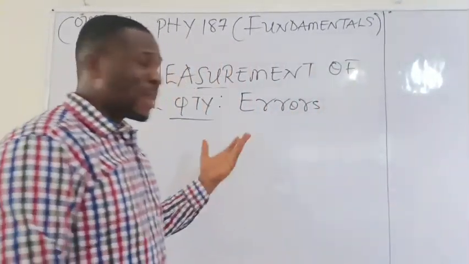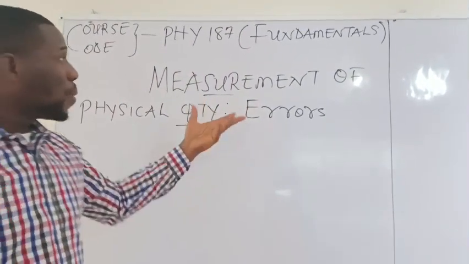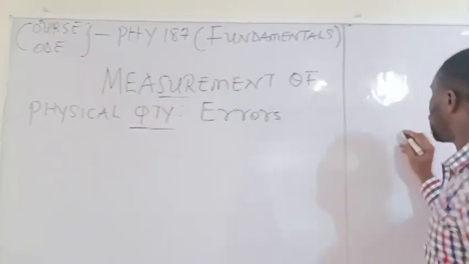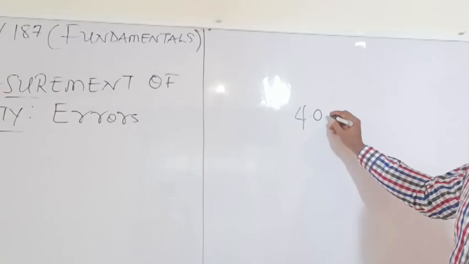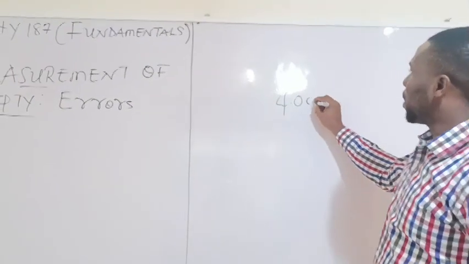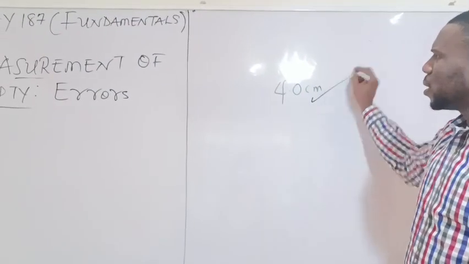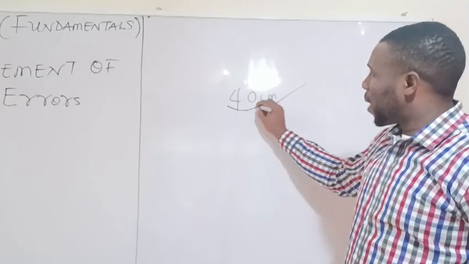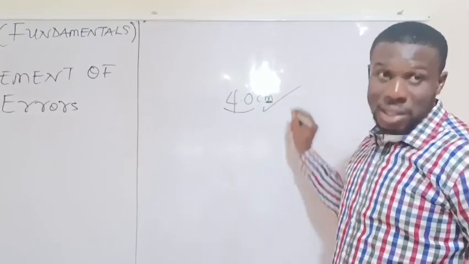All right, now what is measurement? It is simply assigning unit values to physical quantities. Let's take for instance, if I told you that I measured the length of a book and I found out it was 4 centimeters. Of course, this is reasonable. I have identified a numerical value, and the unit is centimeter.